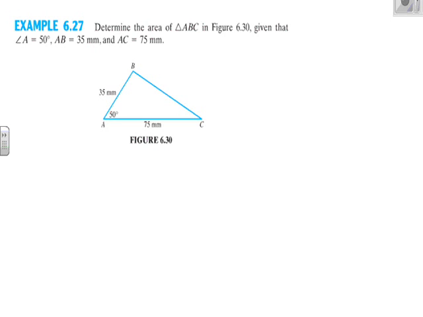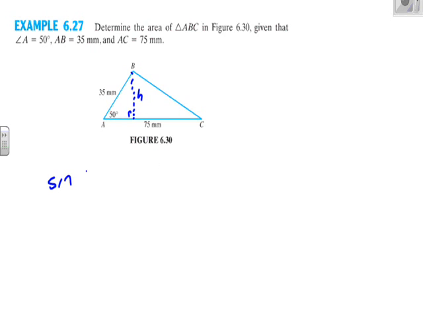We can also use trig to help determine the area, because we can use it to get the height. So we do have that this is a 50-degree angle. We want to find the height if the hypotenuse here is 35 millimeters. So that's opposite the 50 degrees, and this is the hypotenuse.